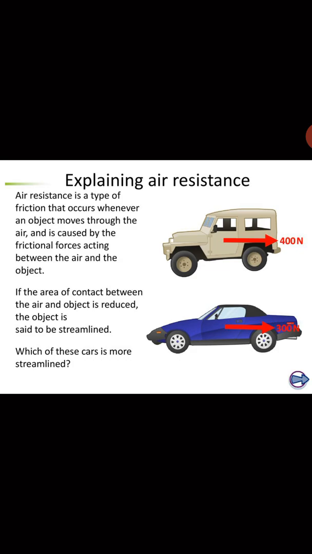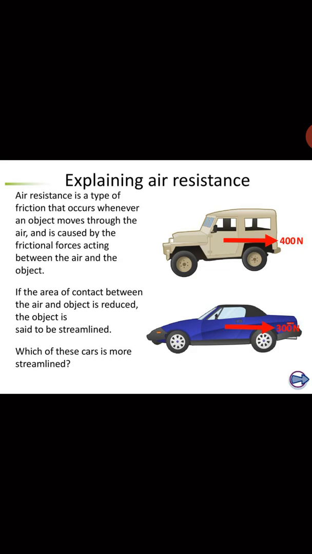Here with the red arrow in the first image, the air resistance is 400 newtons. The vehicle is moving towards the left, but the air resistance will act towards the right, shown with the red arrow. The resistance for the vehicle which is up is 400 newtons.